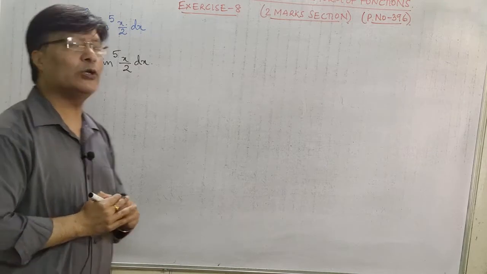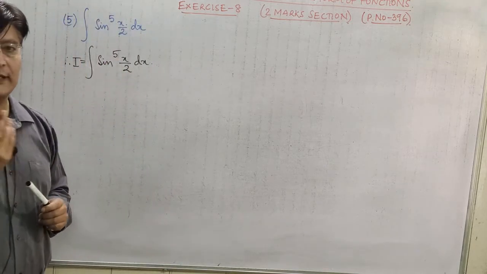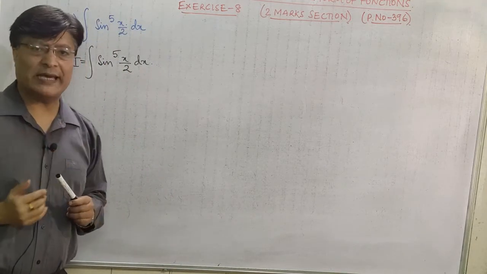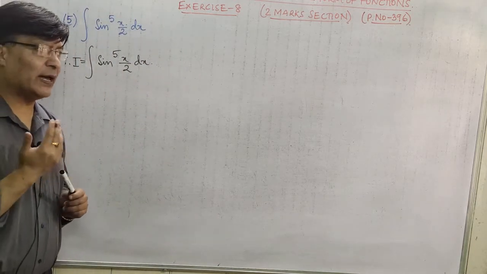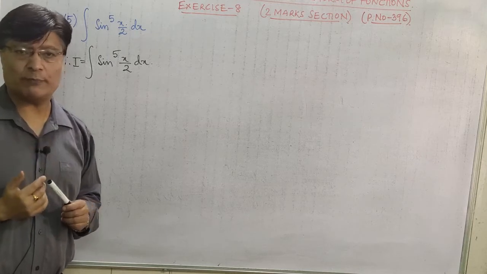I already told you the method of this integration, because in this case the power of sine is 5. Whenever you have odd power, because 5 is odd power, isn't it?